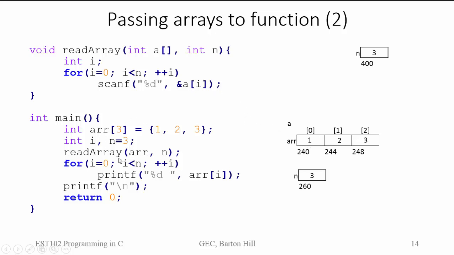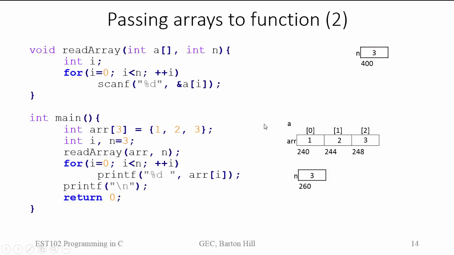Okay, so when this statement is executed, this A will be created as an array with starting address same as ARR. So both ARR and A will be pointing to the same location, and then we have int n. So memory will be allocated for the formal parameter n, and the value from here is stored here.